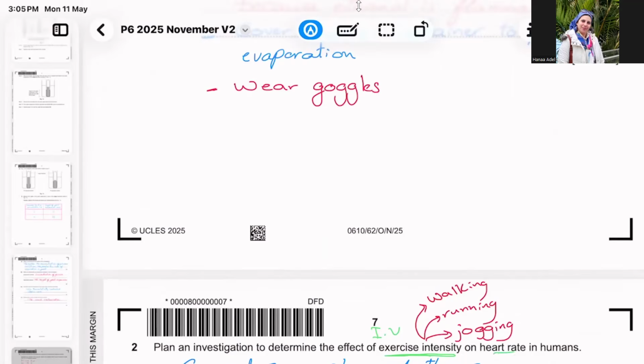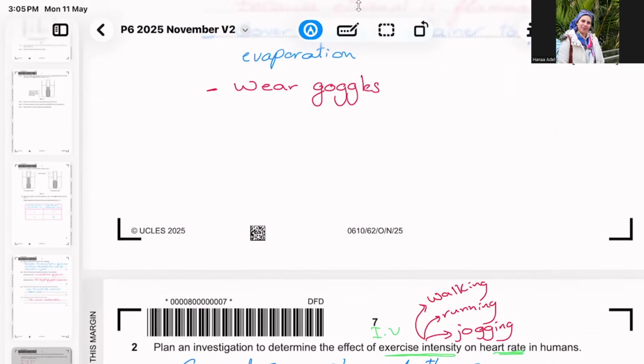On the heart rate, how can we measure it? We can use a heart monitor or ECG, or count the heartbeats in a certain time. So you have many options to write as the dependent variable.